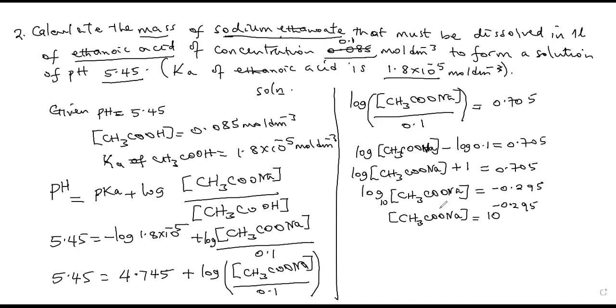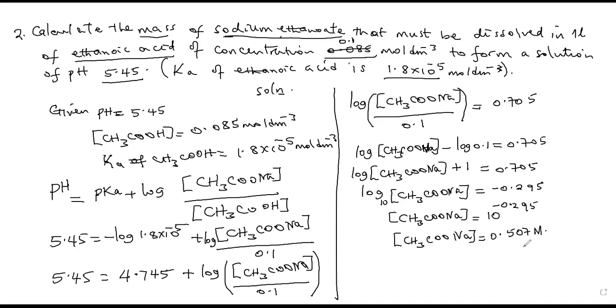If you make the concentration the subject of this formula, it will be 10 to the power of this. From there, you're going to find that the concentration of sodium ethanoate is equal to 10 to the power negative 0.295, which gives 0.507 molar.